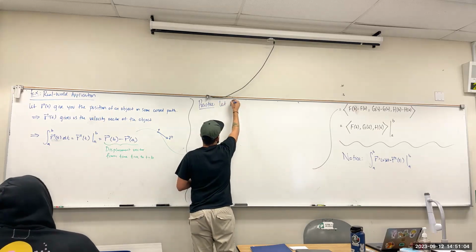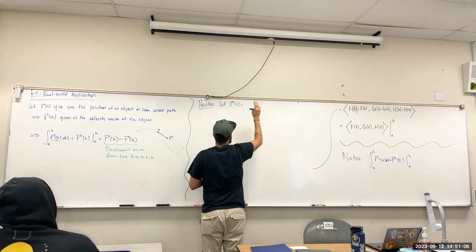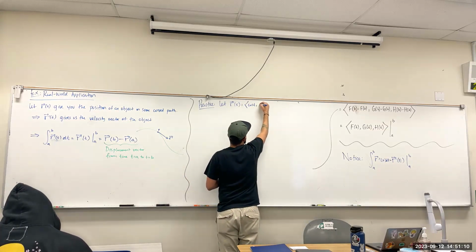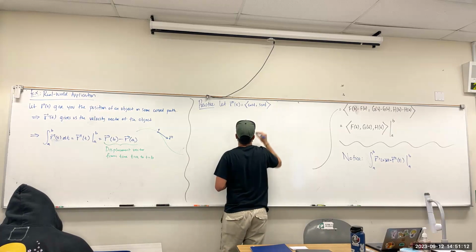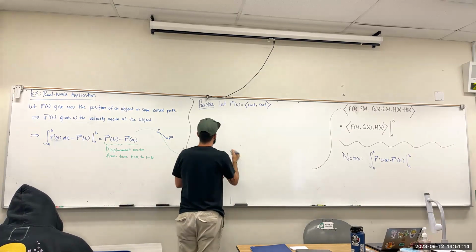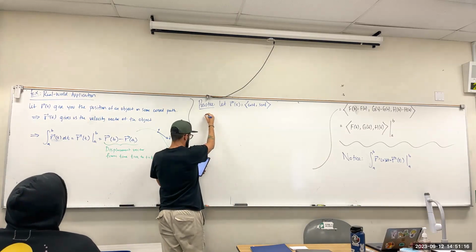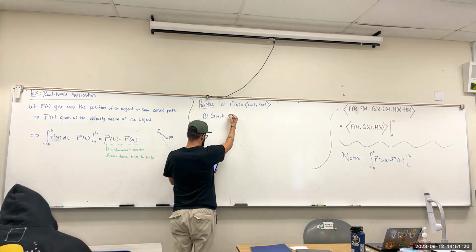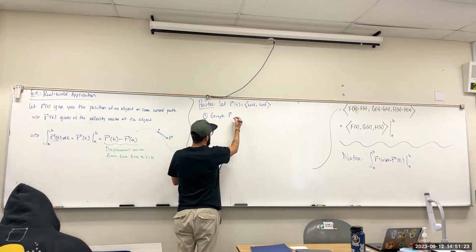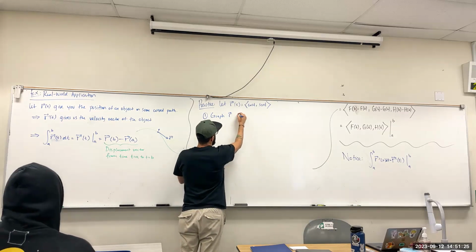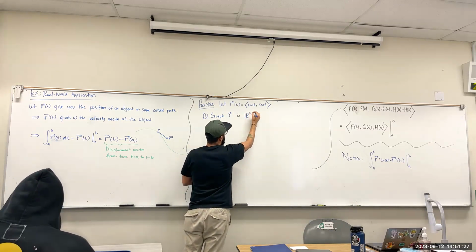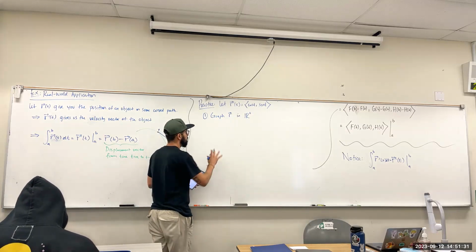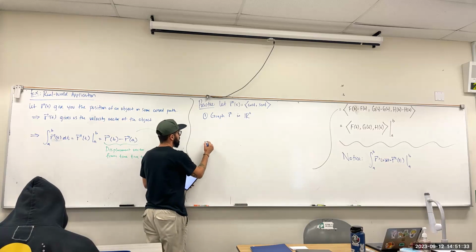So let r of t, and this is going to be 2 dimensions, be cosine t and sine t. First thing I want you to do is graph r in R2. What does the graph of this curve look like in R2? Okay, graph it because you're going to use it. Graph it.